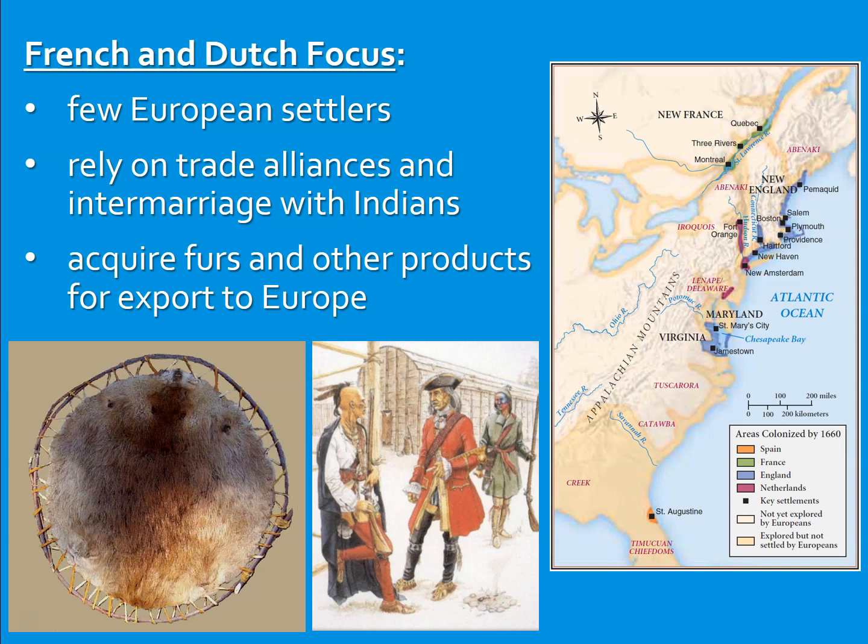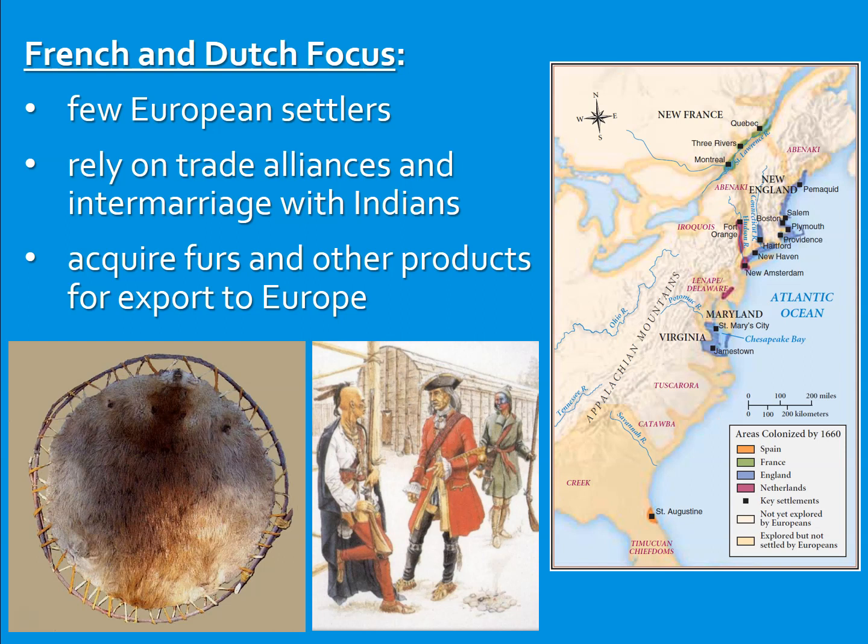Permanent settlers for the French and Dutch could be measured in probably just tens of thousands, and instead of putting a huge European presence in North America, what the French and Dutch are going to do as far as traders go, they're going to rely heavily on building alliances with the Native Americans, also using intermarriage as a tool of getting closer with other Native American groups and establishing trade routes and trade partnerships.